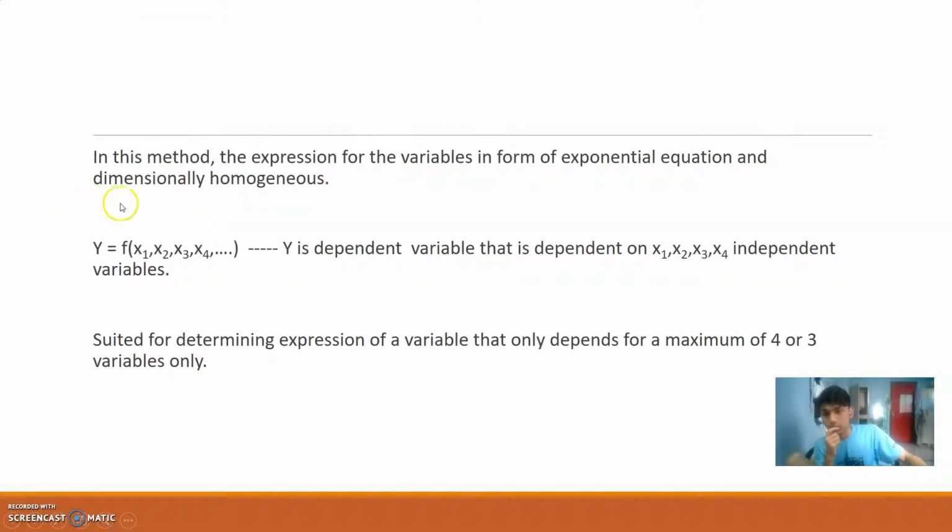In this method, the expression for the variables is in the form of an exponential equation and is dimensionally homogeneous. This is the same equation that you need to write down as the previous one, but more general, where y is the dependent variable and x is the independent variable.